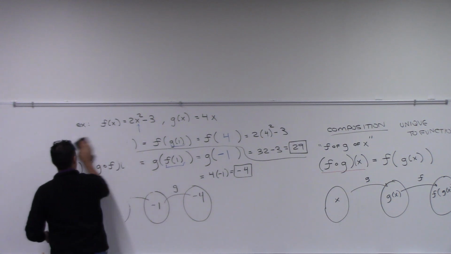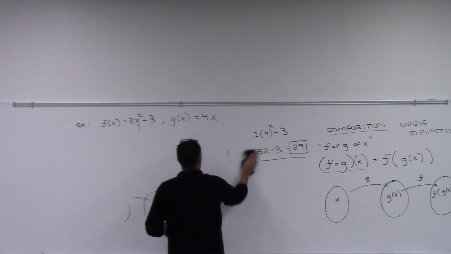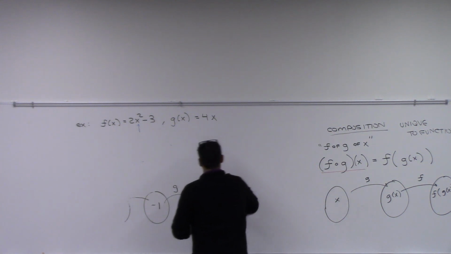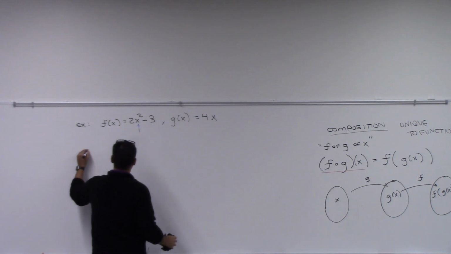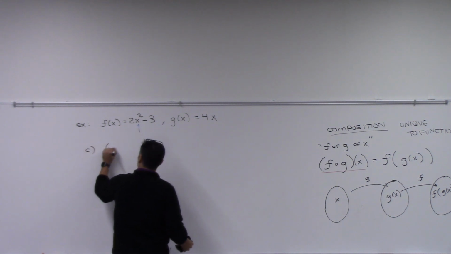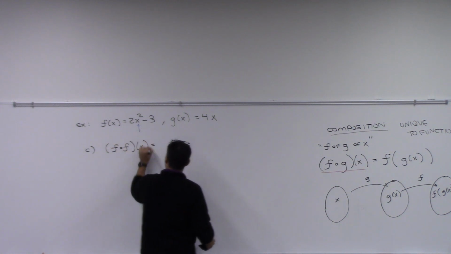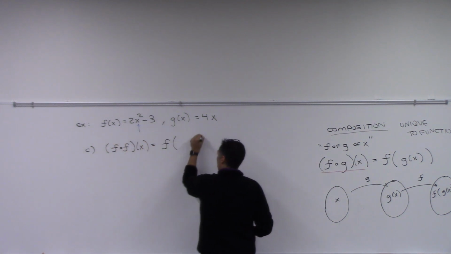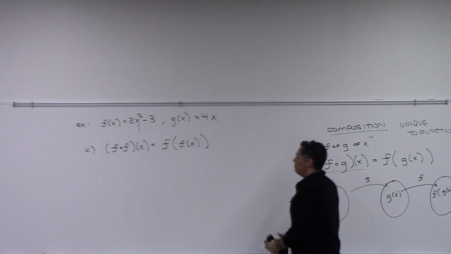So that's part C. Let's do that one. So for part C, F of F of negative 2 means F is going to be on the outside, and then inside is F of negative 2. So we do the operation twice.